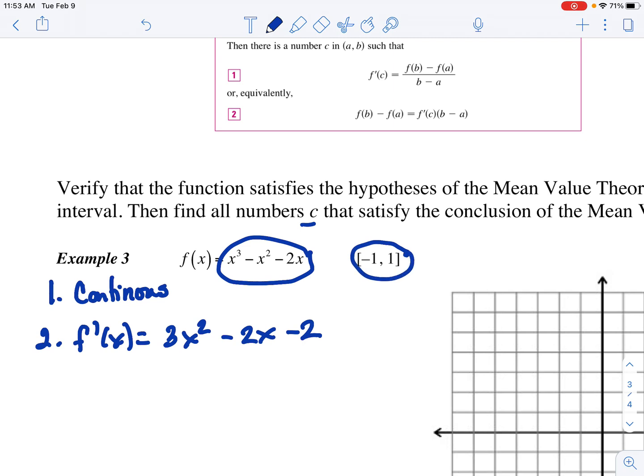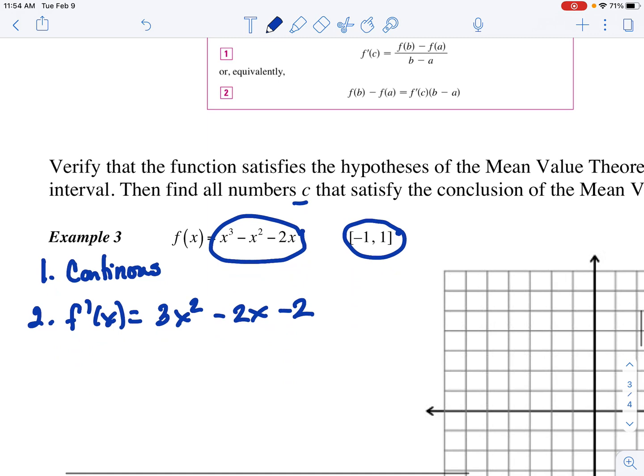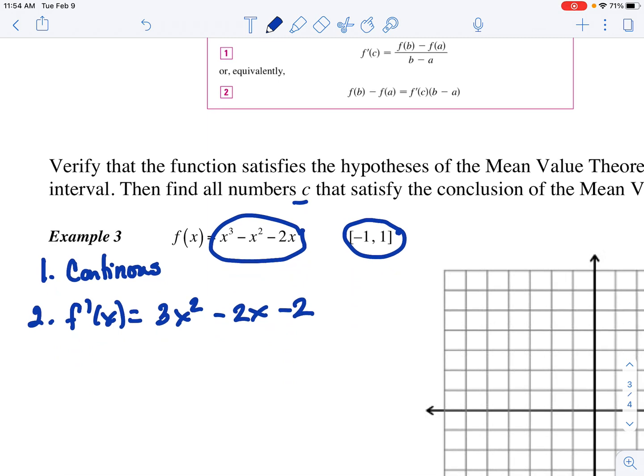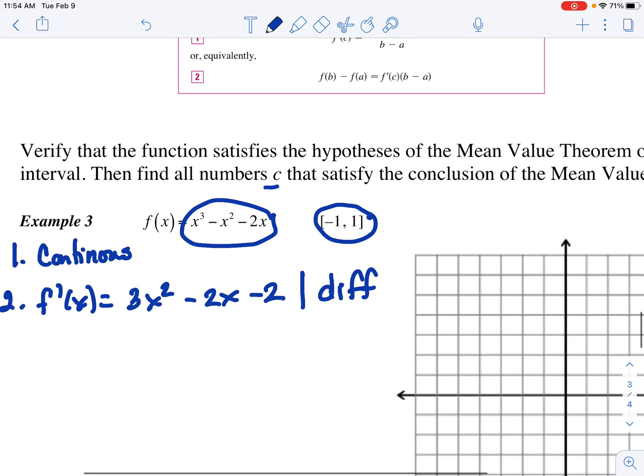No. All right, so on our derivative, is there any point where we plug it in and it is undefined? So yes, this is differentiable at all points. I'm just going to put diff. We're going to end up using it again later. That's because there's no x on the bottom, especially within that interval.